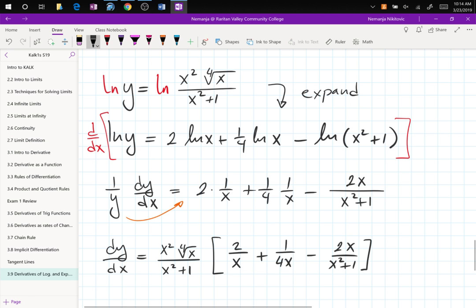The derivative of any of these complicated forms is going to be, first, copy the same thing. Because you will always have the ln y and 1 over y, and y will always go on this side. So every solution will always start by copying the original problem. And then in this bracket is the derivative of the expansion.